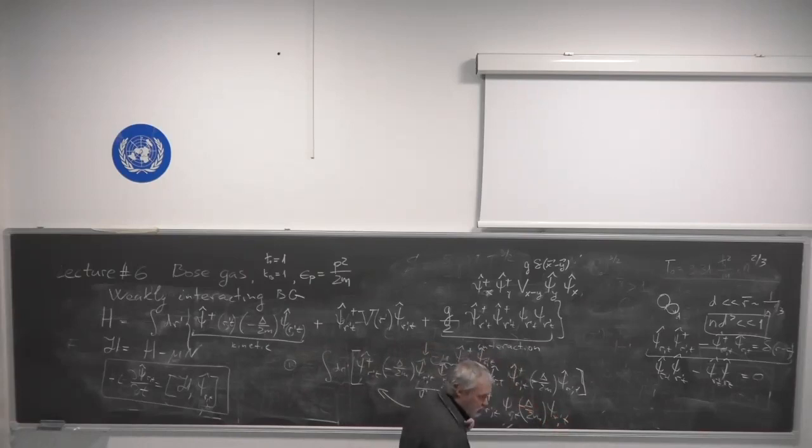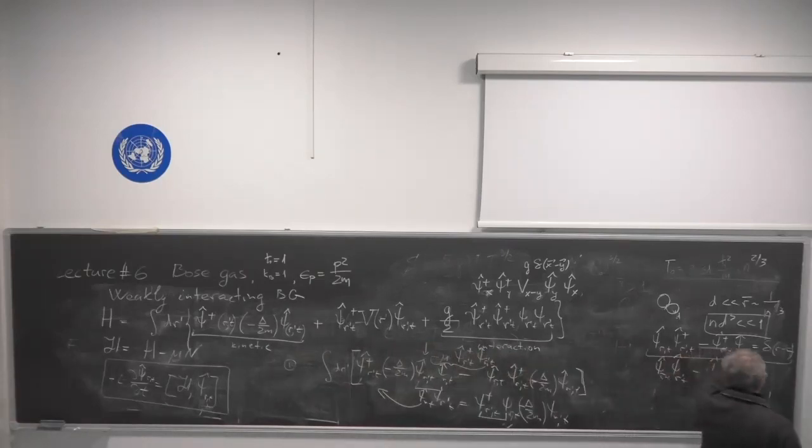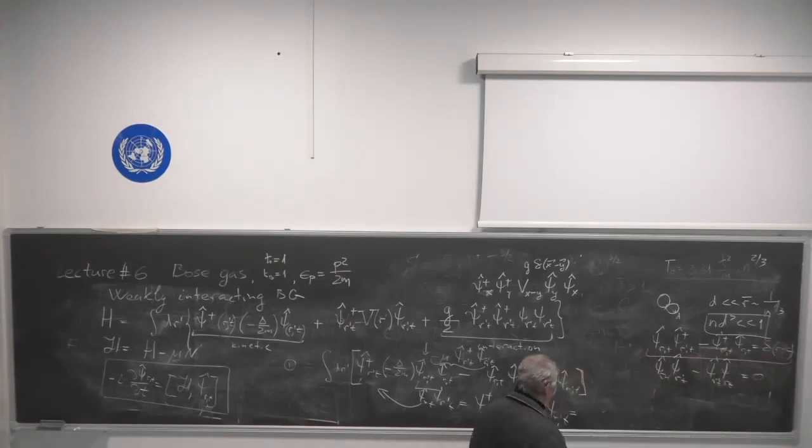I commute and I act with nabla. So now I need to permute these two. Psi dagger R prime T psi R is equal to this term minus a delta function. So this is then for the first term. It's equal to psi R T psi dagger R prime T minus nabla over 2m psi R T operator, minus the delta function.